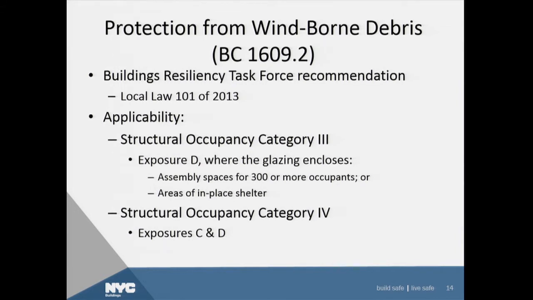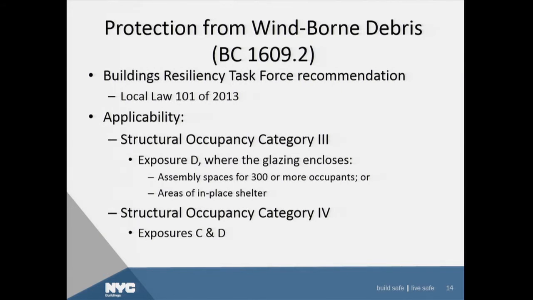This requirement will affect structural occupancy category 3 buildings that are in exposure category D, where they have glazing that encloses assembly spaces for 300 or more occupants, or their areas of in-place shelter, and structural occupancy category 4 buildings in either exposure category C or D.